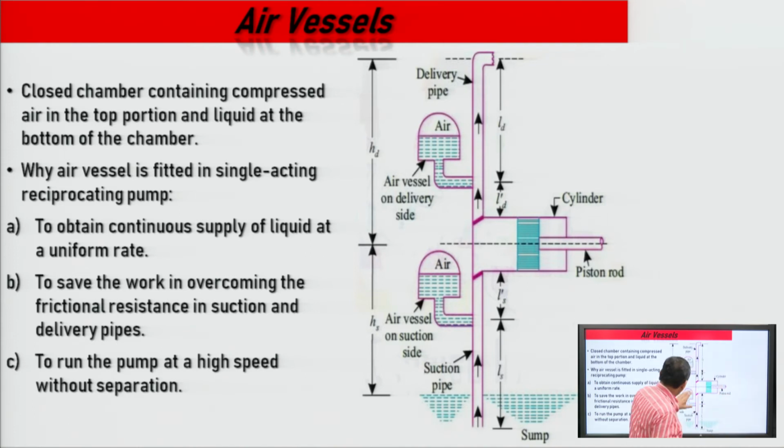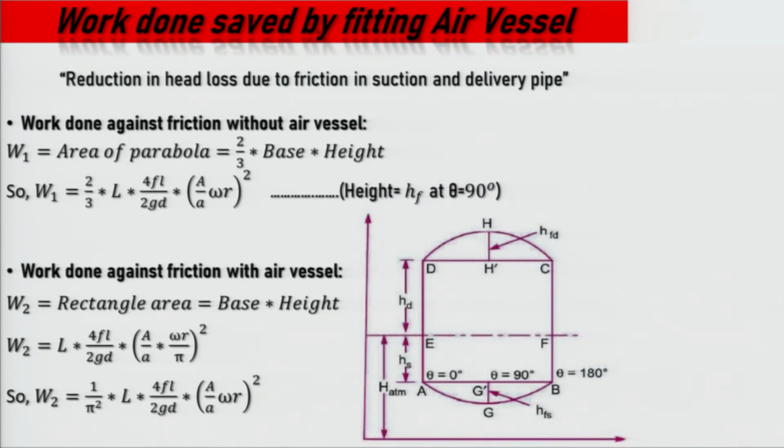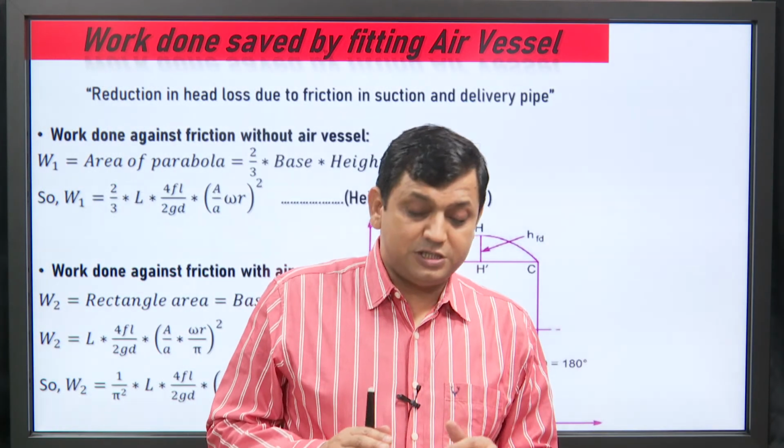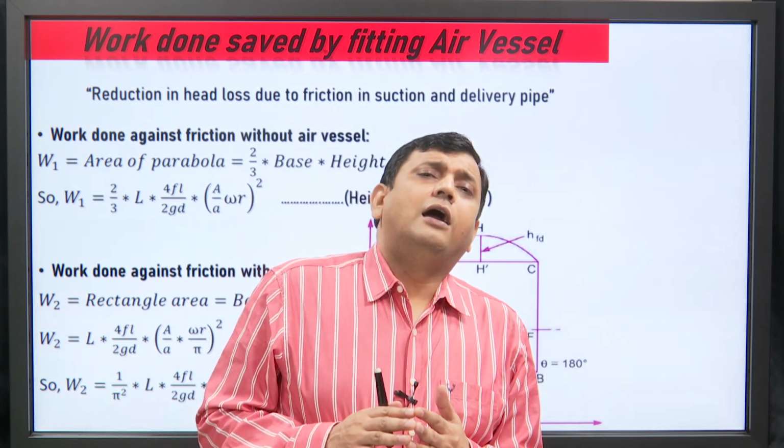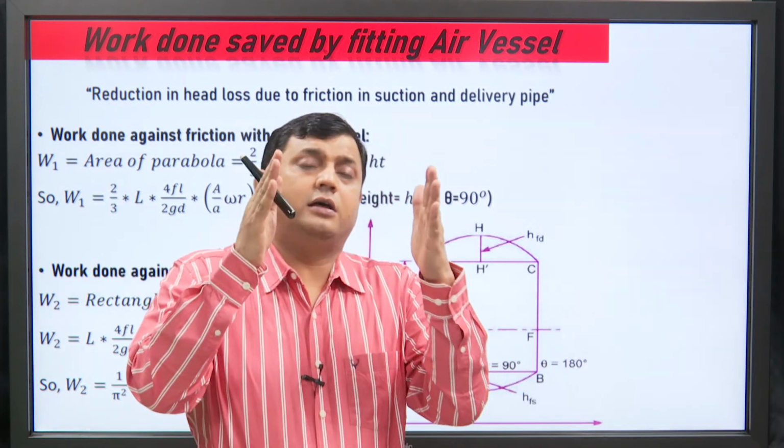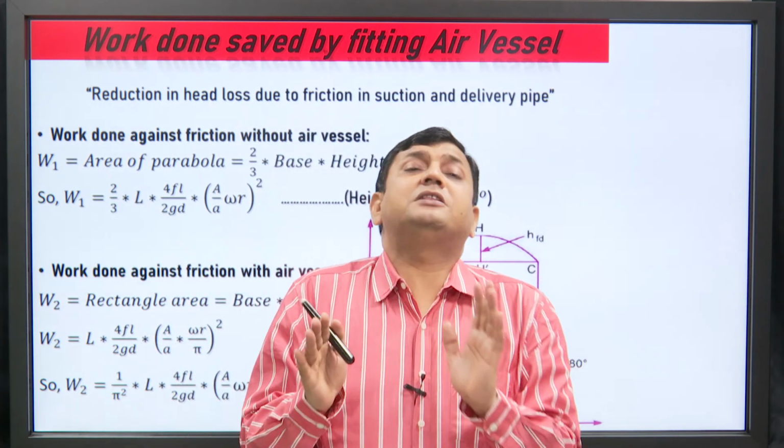The air vessel on this side is the suction side if it is a suction pipe, similar to the delivery side. If we see the work done if we use an air vessel, we compare the work saved with and without air vessel.